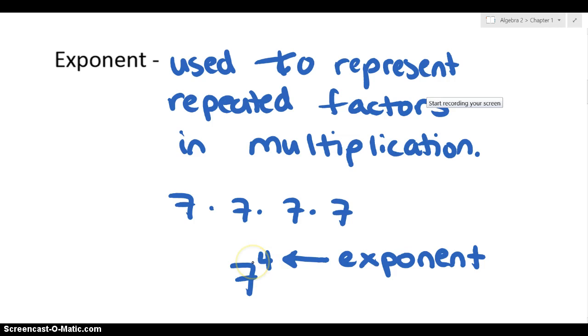And any mathematician would know that there's 4 sevens that I am talking about. And this is really important because as we get into higher levels, sometimes we're talking about 30 sevens and nobody wants to write the number 7 30 times. Okay, so please understand that this is for us to communicate, especially as these expressions get longer.